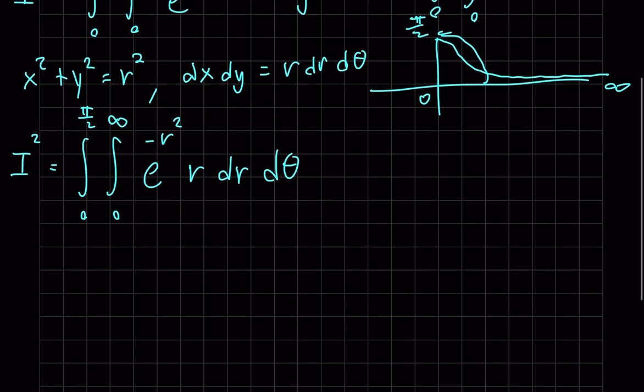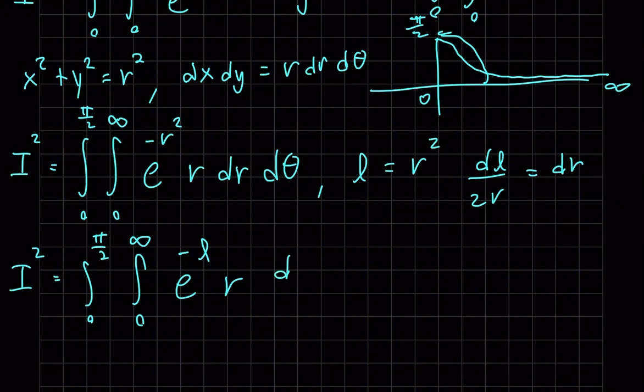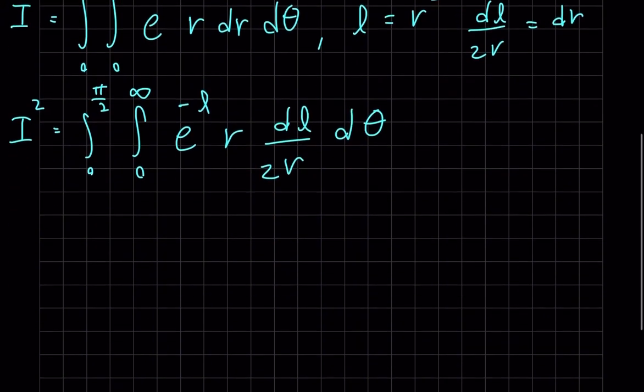We could employ a substitution. So I'll let gamma equal r squared, which tells us that d gamma over 2r is dr. So I squared is the integral from 0 to pi over 2, and the integral from 0 to infinity of e to the minus gamma, and then it's going to be r times d gamma over 2r d theta.